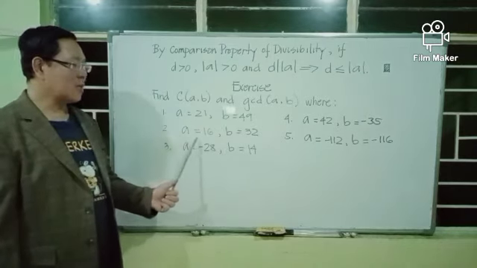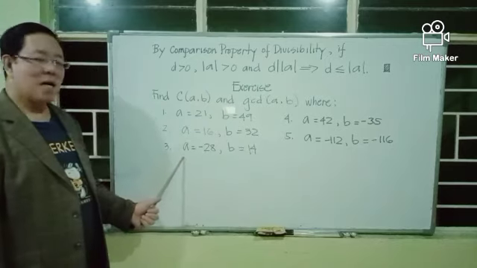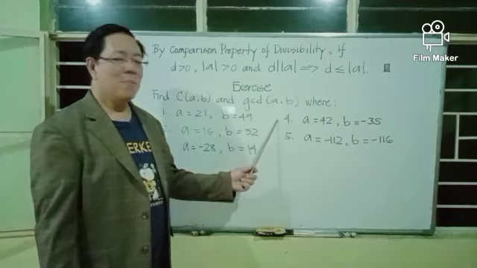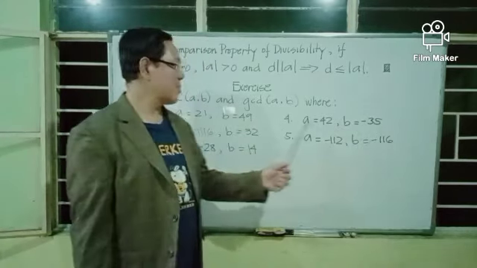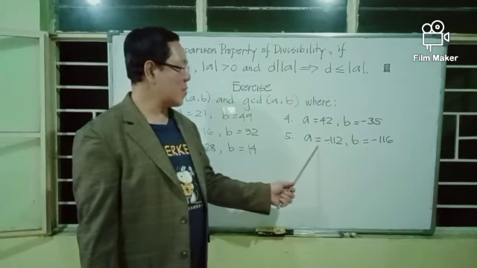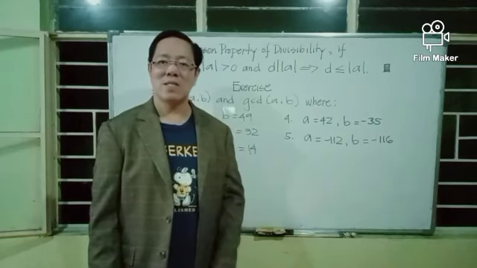Number 2, A equals 16, B equals 32. Number 3, A equals negative 28, B is 14. Number 4, A is 42, B is negative 35. And number 5, A equals negative 112, B equals negative 116.